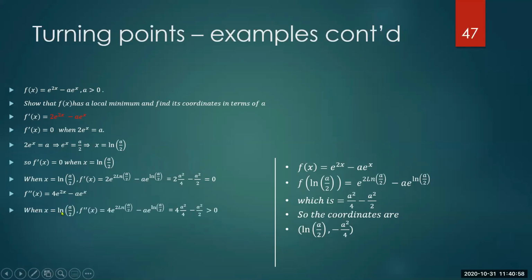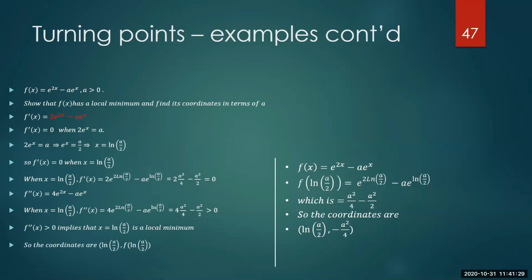So when x is the natural log of a over 2, f double dash of x is equal to 4e to the power of twice the natural log of a over 2 minus ae to the power of the natural log of a over 2. And that becomes 4a squared over 4 minus a squared over 2, and that is greater than 0. So f double dash of x is greater than 0 implies that when x is equal to the natural log of a over 2, it is a local minimum.